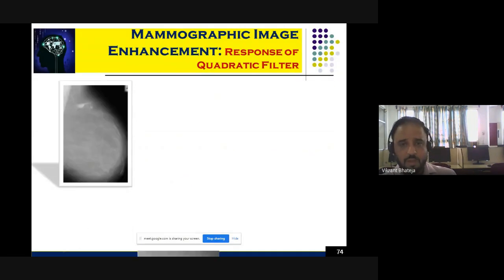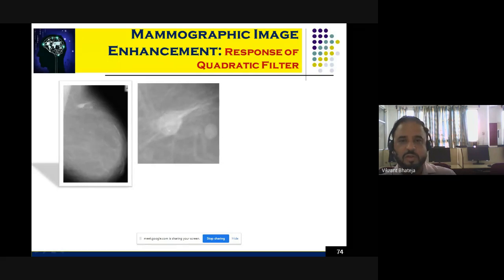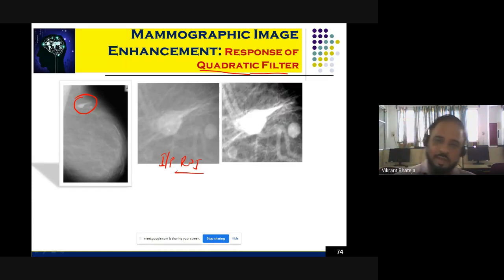So if we take the response of a quadratic filter, because certainly the quadratic filter is the very primitive nonlinear filter, and you see this mammographic image over here, this is a suspected tumorous region. So this is your input region of interest, and this is your enhanced image that you are getting at the output of such a filter.